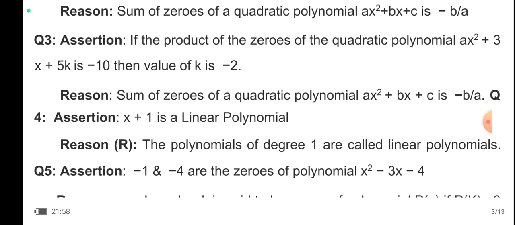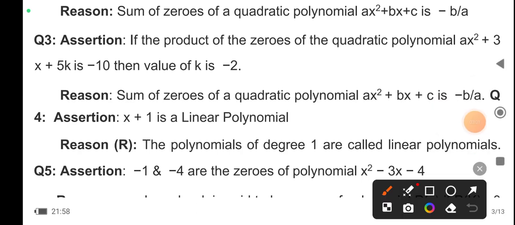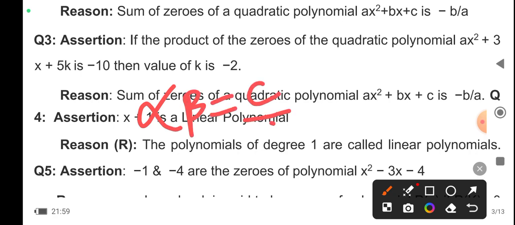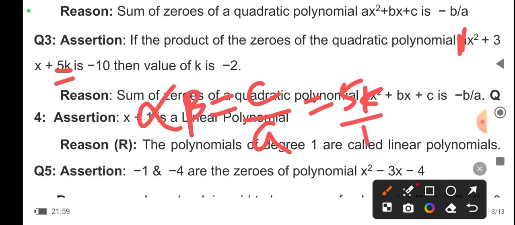Question number 3. Here ax square plus 3x plus 5k, the product of zeros is minus 10, and k equals minus 2. Product of the zeros, alpha beta, equals c by a. What is c? 5k. What is a? Actually in this question, a should not be there; just x square should be there, then it comes properly. 5k by 1.